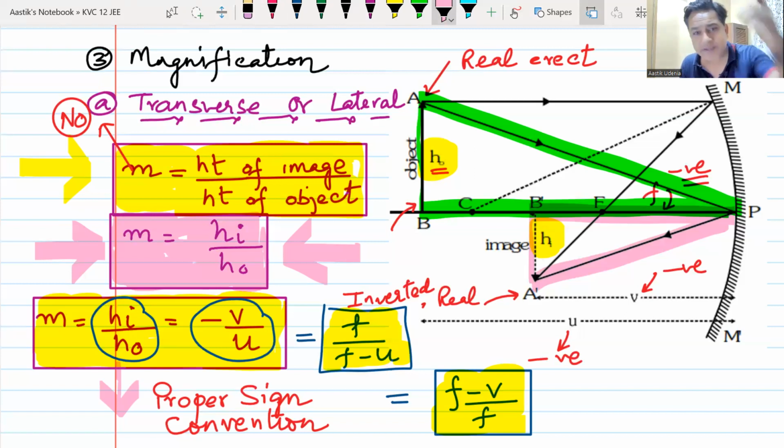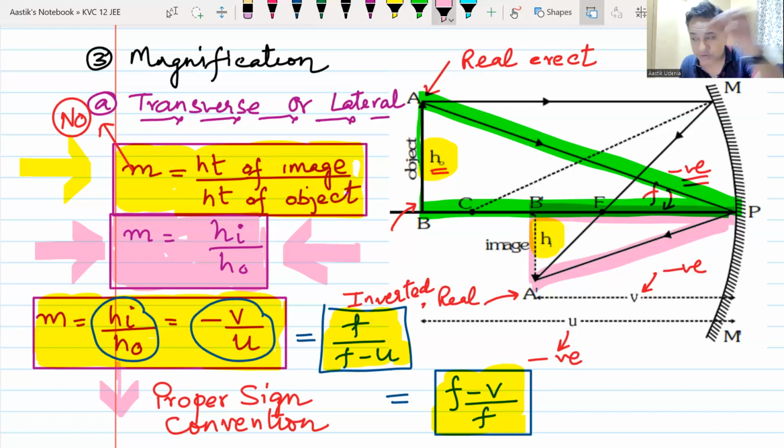Just before going on to wind up this class, can you tell me: if you have a real image of a real object, what would be the magnification? Will the magnification be positive or negative for a real image? Is the magnification positive? Is the magnification negative?